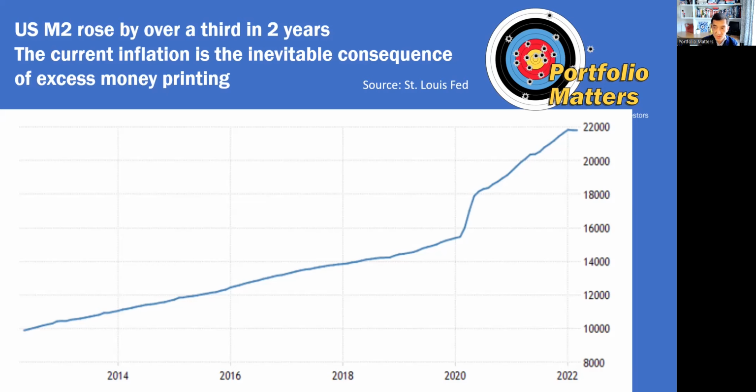US M2, that is notes and coins in circulation plus bank deposits, rose by a third in 2 years. And so inflation was the inevitable consequence of excess money printing.